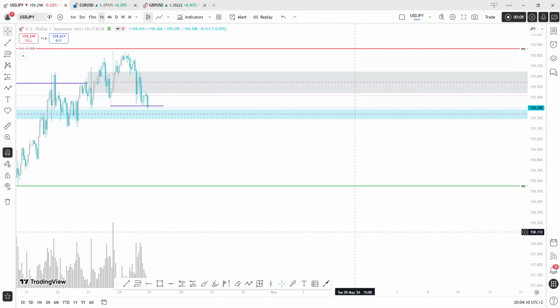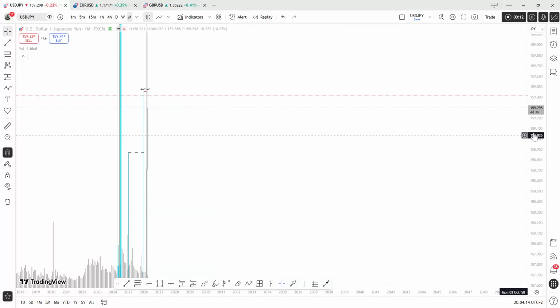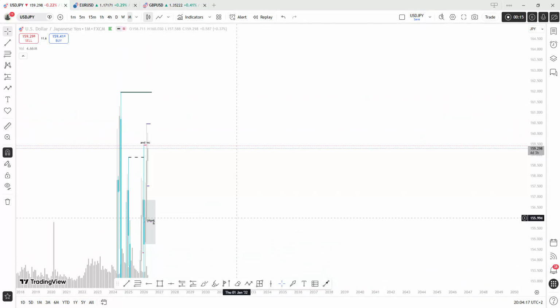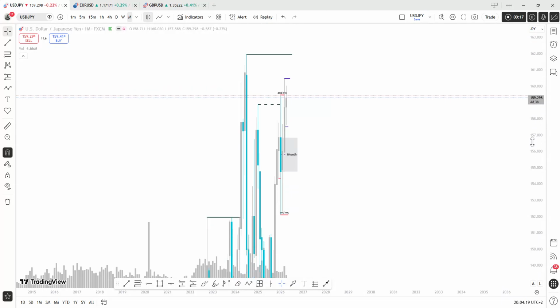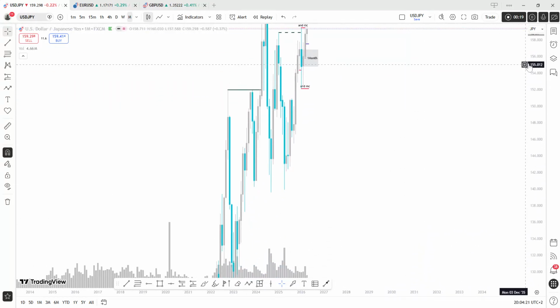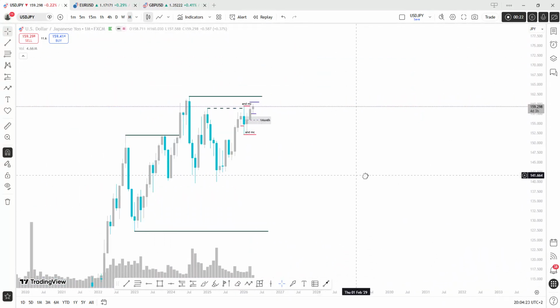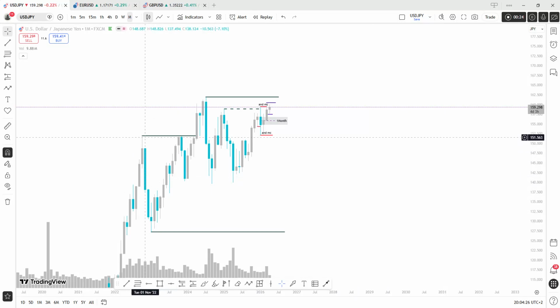This time I'm going to do the analysis on USDJPY and I'm going to start with a short look on the monthly time frame. What I'm seeing here on monthly is this bullish range. I'm going to say it tried to break the structure a little bit, but it looks like a liquidity run. Then I see this liquidity in here.